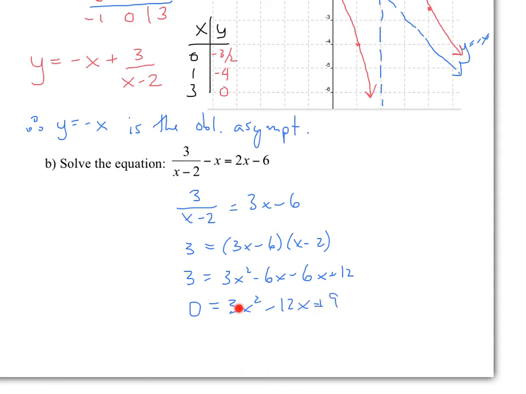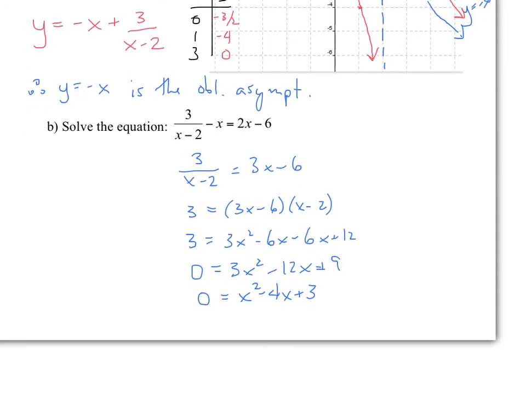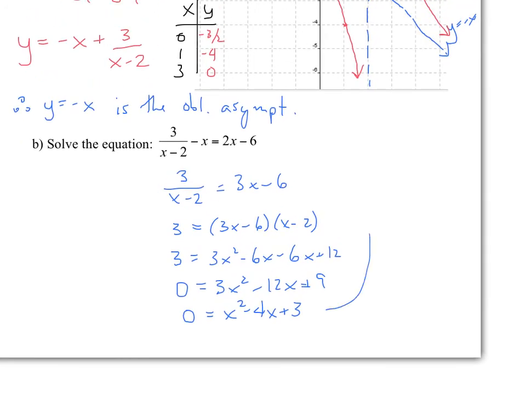Notice that I can divide everything by 3, makes my life a little easier. Because we have a common factor of 3, and I can factor that, x minus 3, x minus 1, and we have x equals 3 and x equals 1.